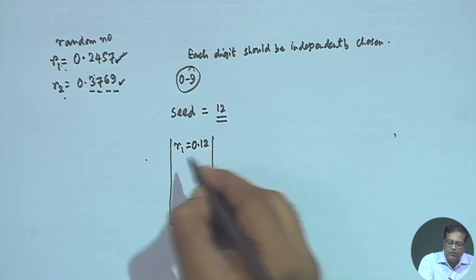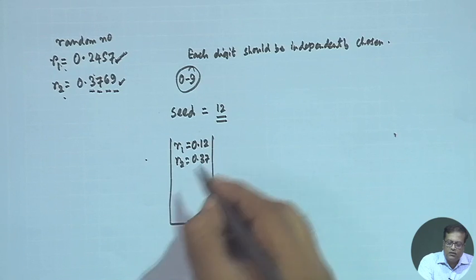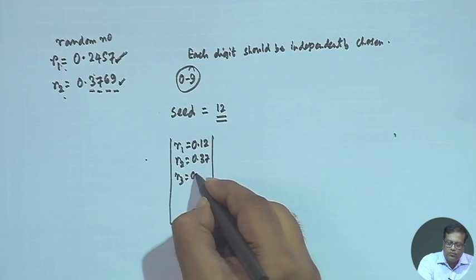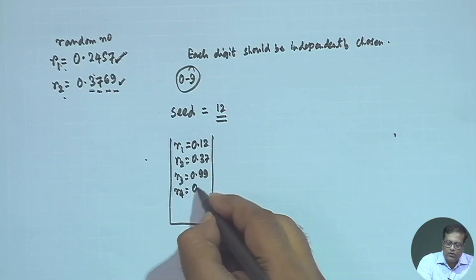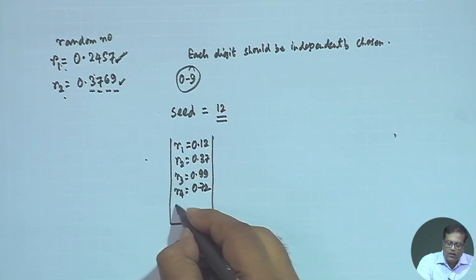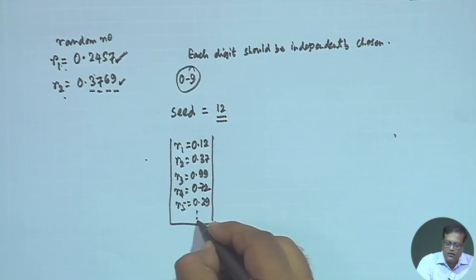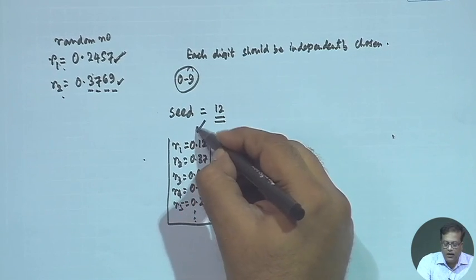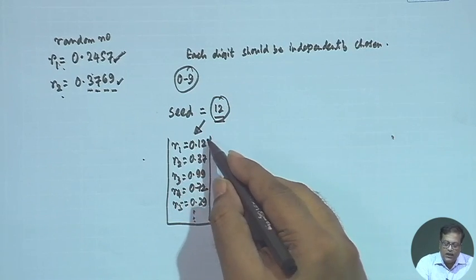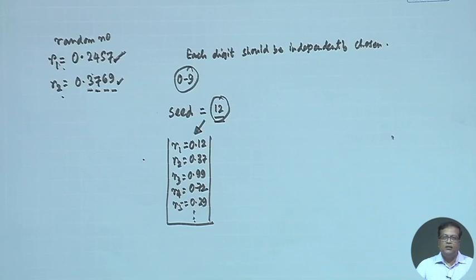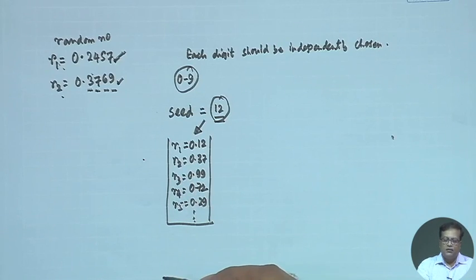So, say R1 equal to 0.12, R2 equal to 0.37, R3 equal to 0.99, R4 equal to 0.72, R5 equal to 0.29, etc. So, you see, as long as this particular seed 12 is given, the same random numbers will be generated by the generator, because it comes from a deterministic process.